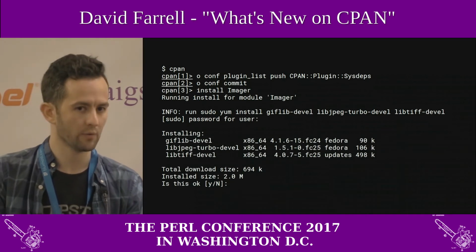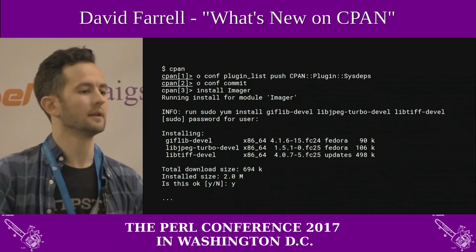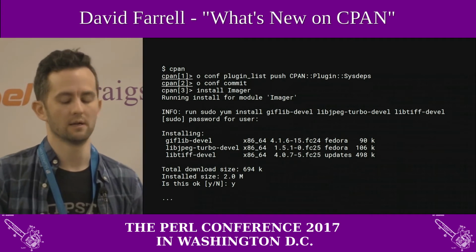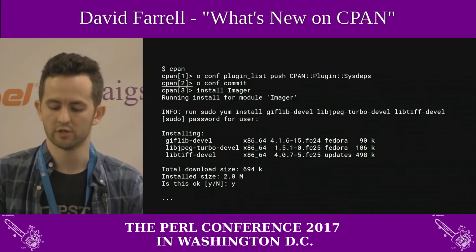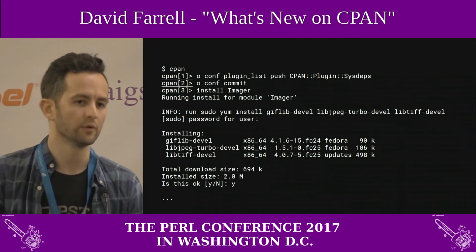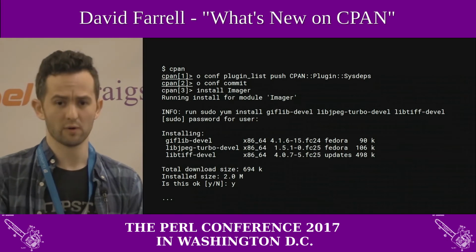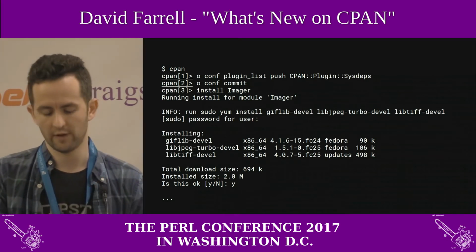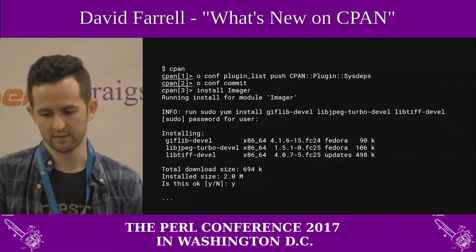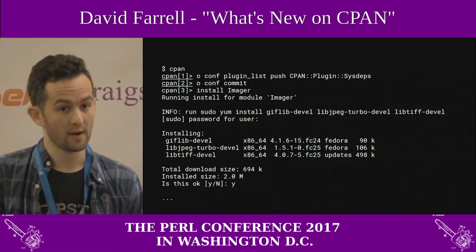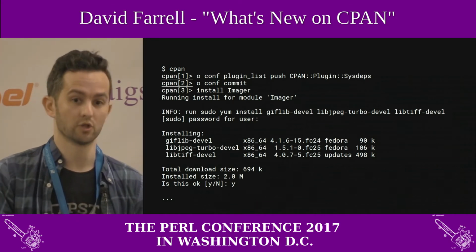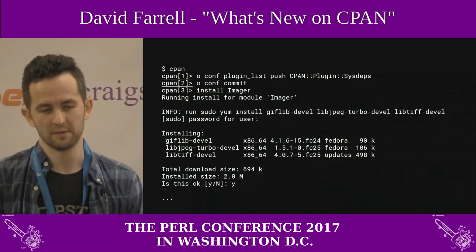And it runs through that whole process, and then it continues with the regular makefile installation that CPAN would do normally. This runs on flavors of BSD, Linuxes, Mac OS with Homebrew, and Windows with Chocolatey. So it's pretty cool.